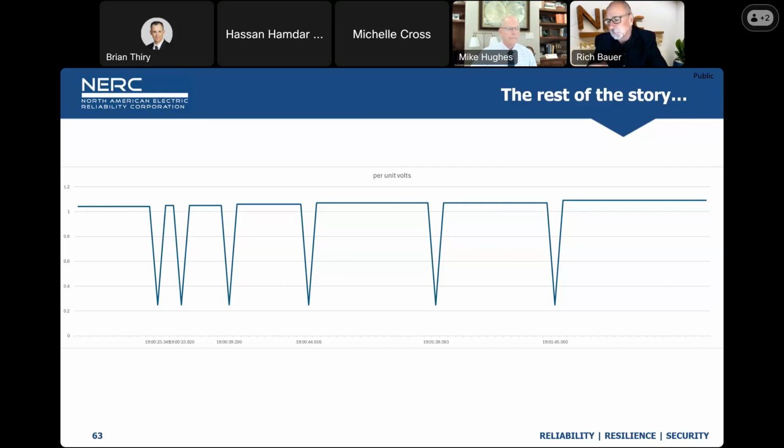Well, what that resulted in, based on the entity's automatic reclosing scheme on this line, is that we created 6 voltage dips or voltage disturbances on the system in about 82 seconds. But if we look a little closer, the first 3 dips on the left-hand side of the screen all occurred within a little over 20 seconds, 25 seconds.